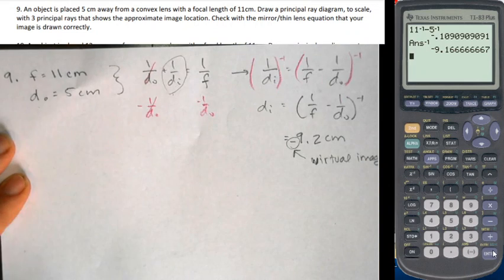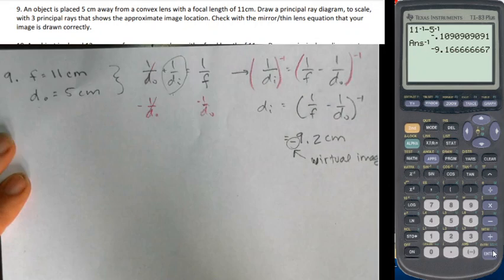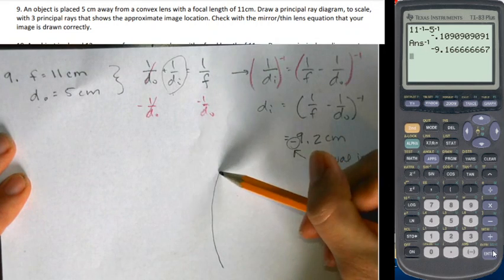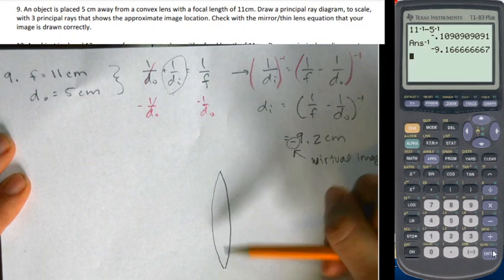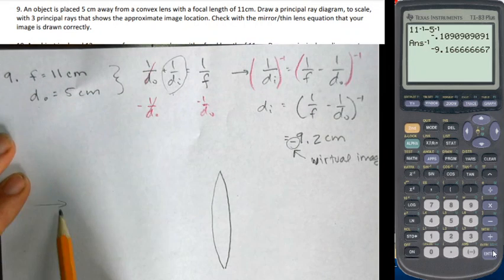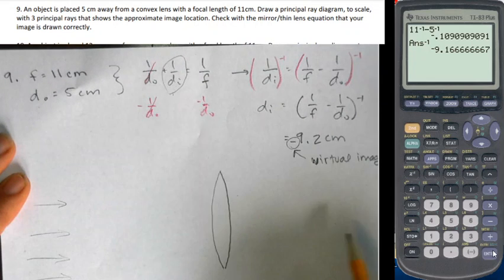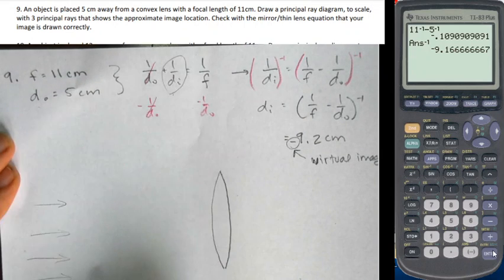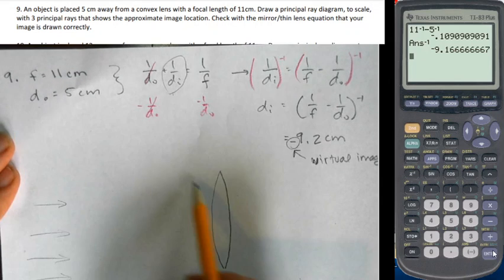For a lens, let's draw a lens that looks kind of something like this. It's a converging lens that is convex. It bulges out in the middle. For a lens, rays are going to be coming from the left and traveling through the lens out to here. So a real image would be formed back behind the lens, but a virtual image is going to be formed over here. So I'm expecting everything to be over here.